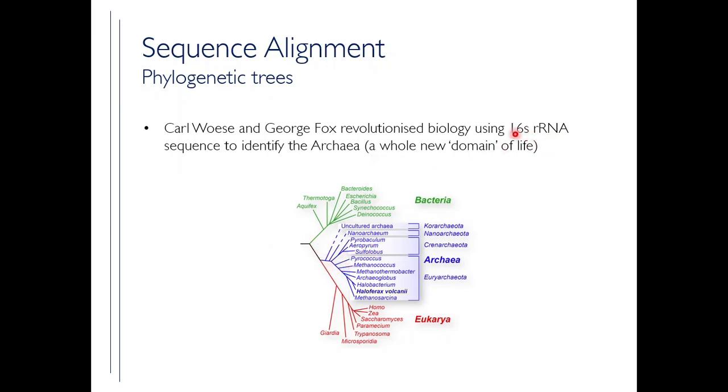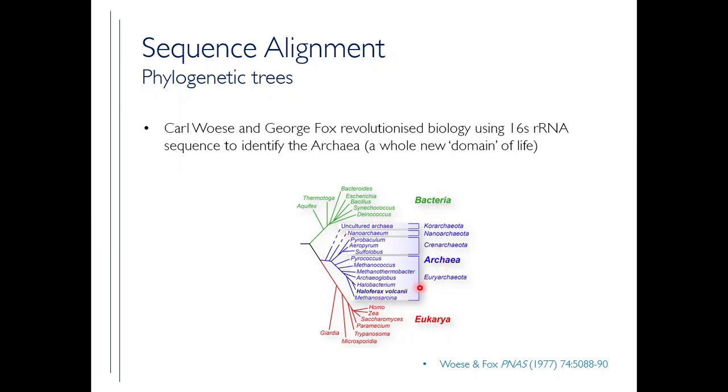So they sequenced ribosomal RNA just because it's fairly ubiquitous amongst organisms and quite easy to get hold of. There's lots of it. They aligned them and in this paper by Carl Woese allowed them to infer that actually there are 3 separate domains of life: the bacteria, the archaea, and the eukaryotes.